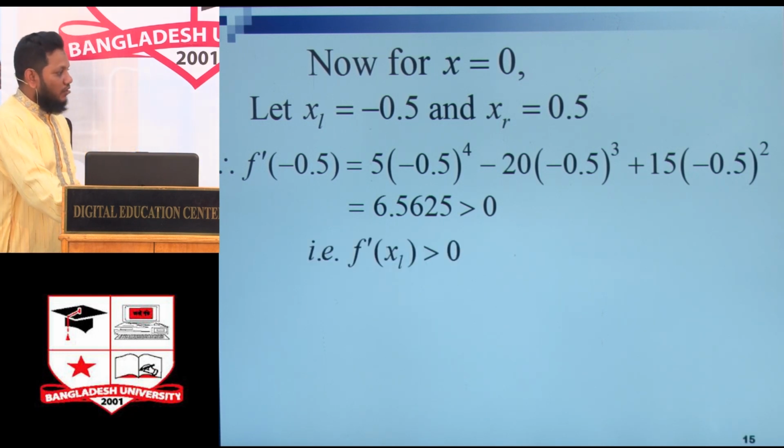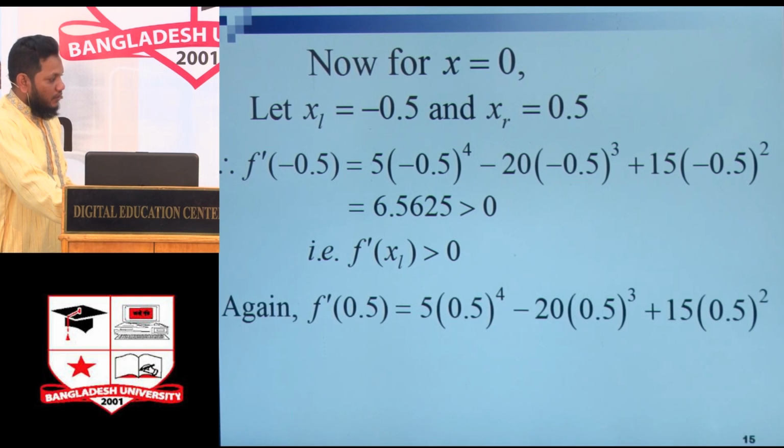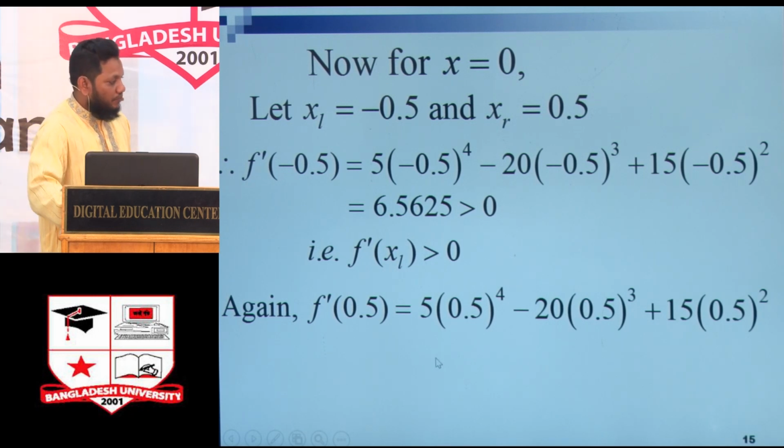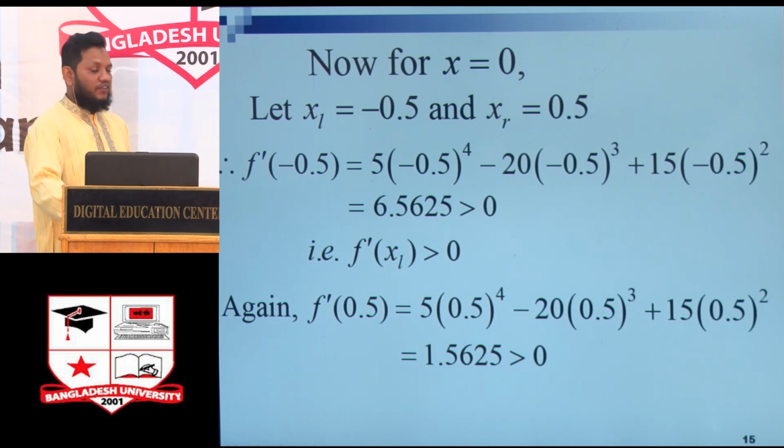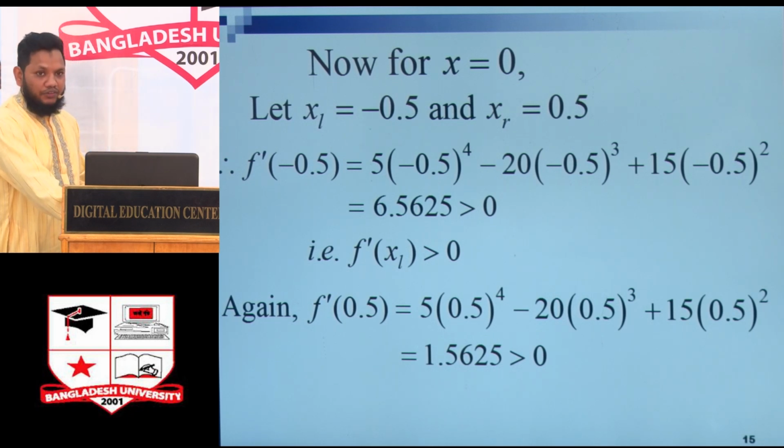Now we consider f prime xr, that is f prime 0.5. This calculation gives 1.5625. This one is also positive. So increasing and increasing, the function has no maximum value here.